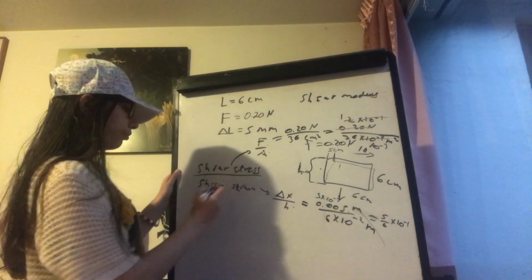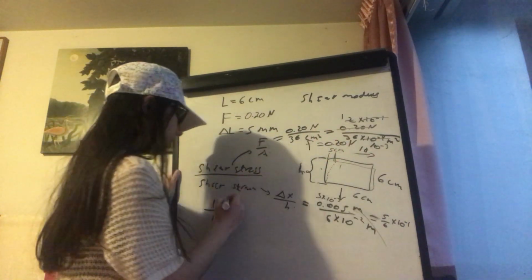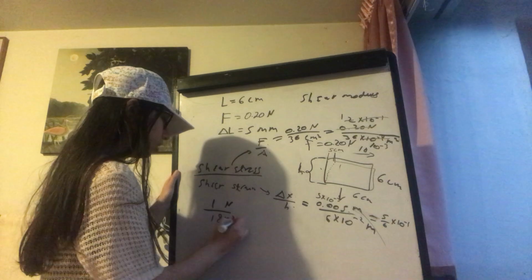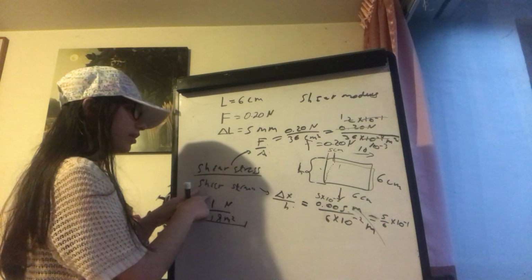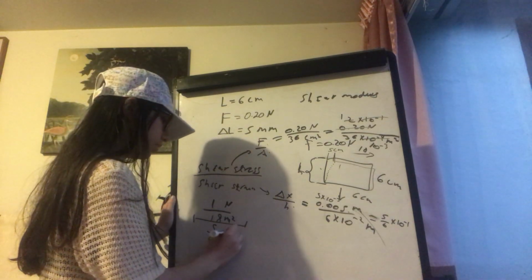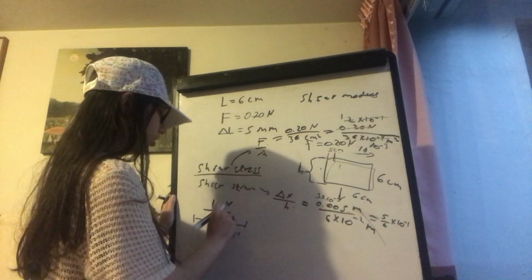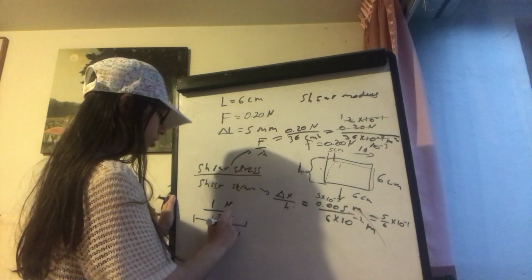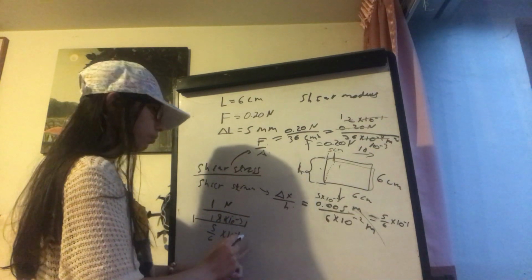So I have 1 over 18 newtons per square meter. This is the shear stress divided by the shear strain, that is 5 over 6 times 10 to the negative 1. Here, sorry, I forgot, I'm dividing by 10 to the negative 3, and here 10 to the negative 1.